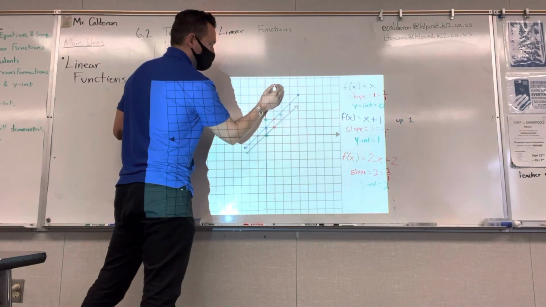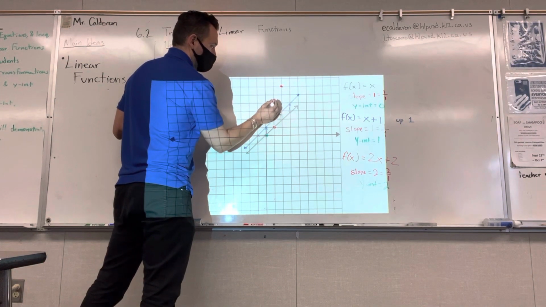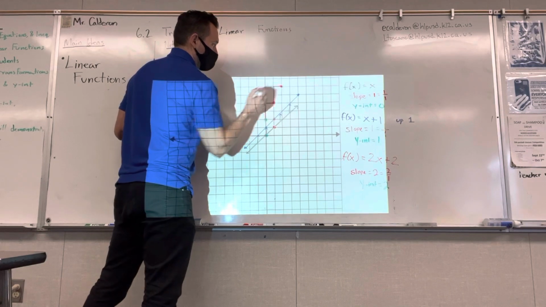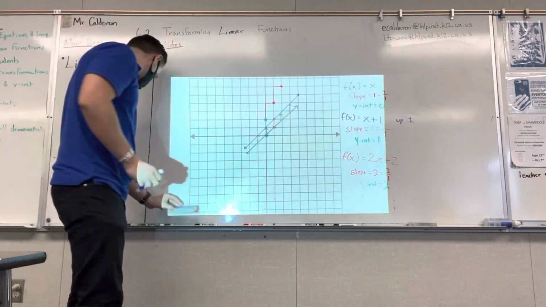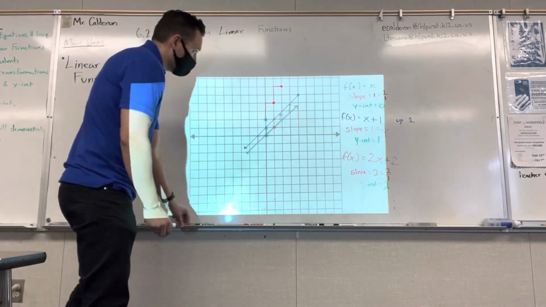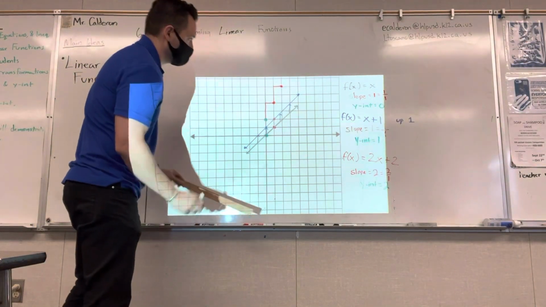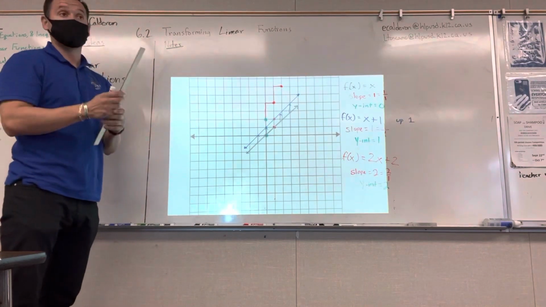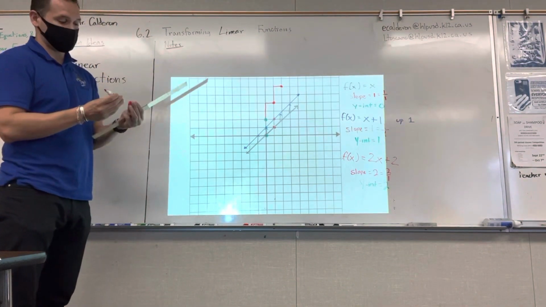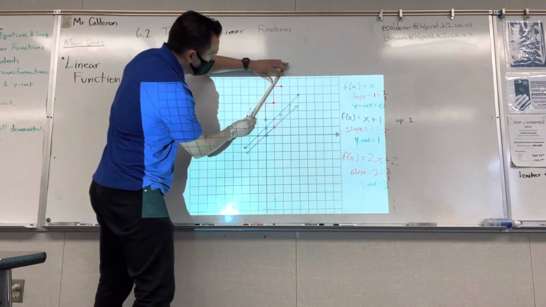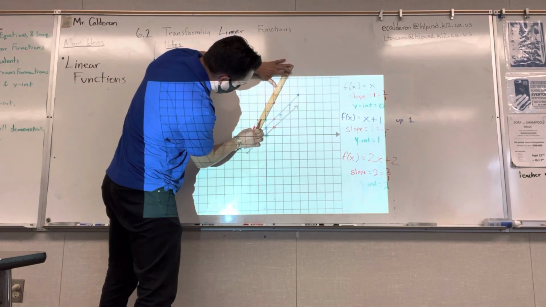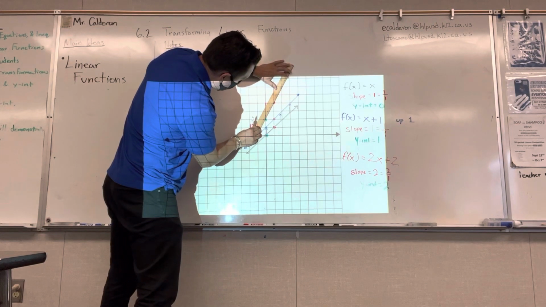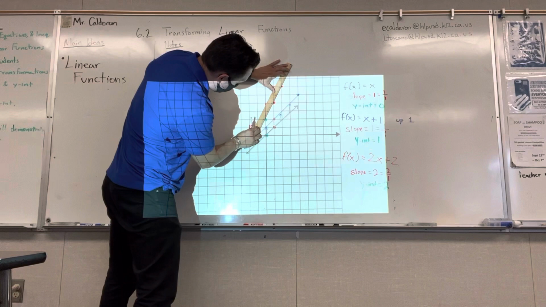Up 2, over 1. Now what I'm going to do is try to line it up as straight as possible, okay? And it's going to be in red so you can compare it. Yeah, that's kind of straight, right?